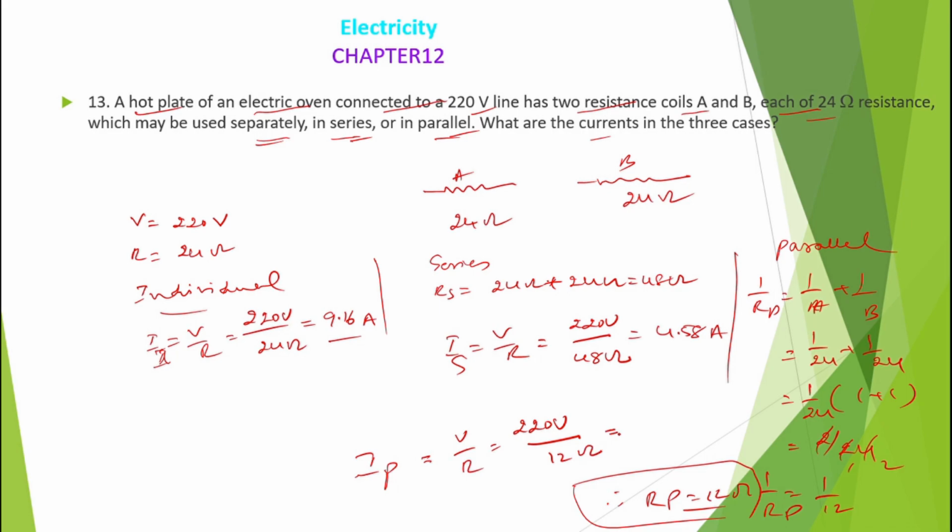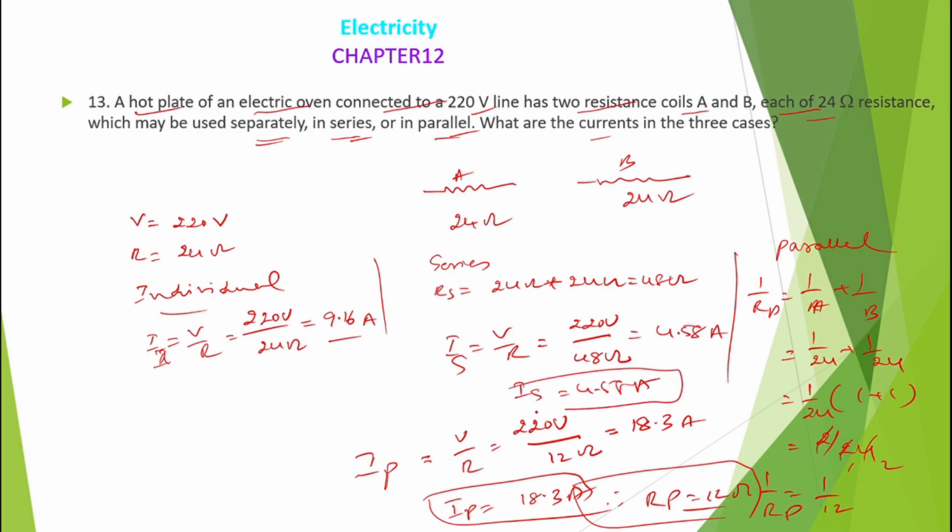So if you simplify this, you will get 18.3 amp. So IP you will get 18.3 amp, IS you will get 4.58 amp, and individual you will get 9.16 amp. So this is the answer.